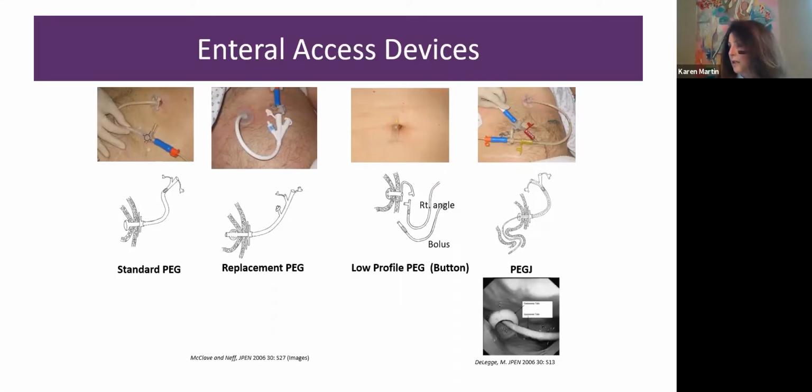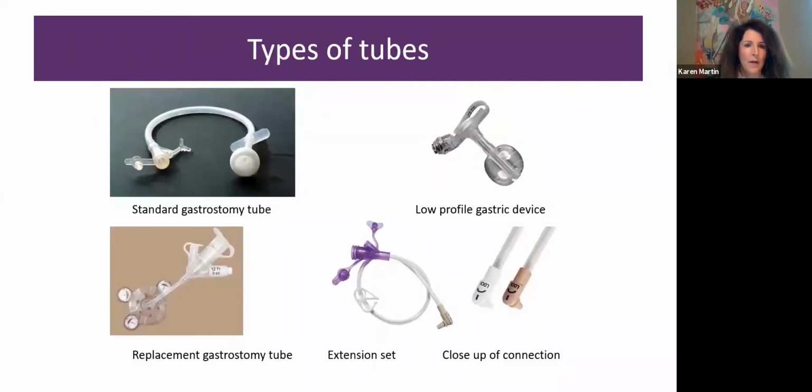For the low profile, there are various extension sets that you can put on there. Most of our patients don't have the one that threads through to the small bowel. This is a little more what it looks like, and again, you can see what the balloon looks like here, and then these are the close-ups of the extension sets here.